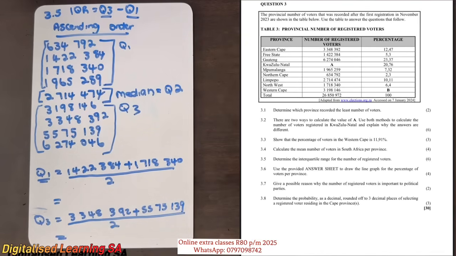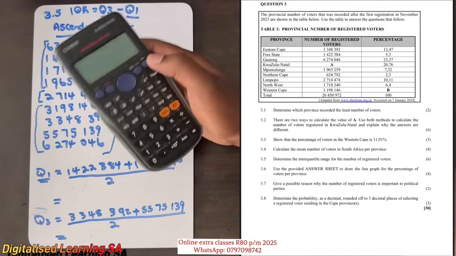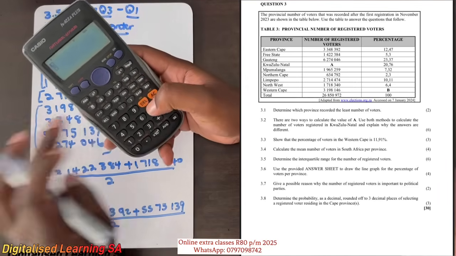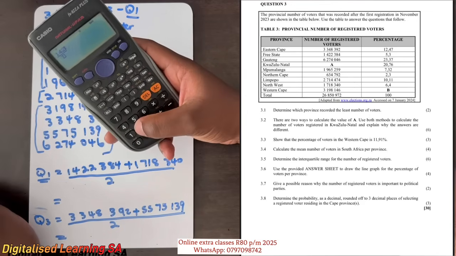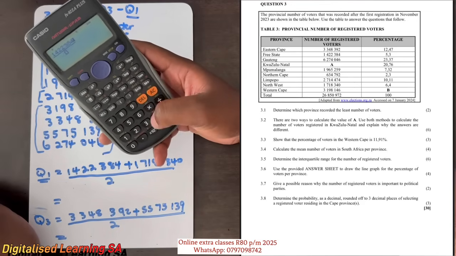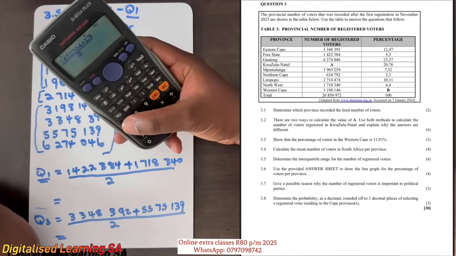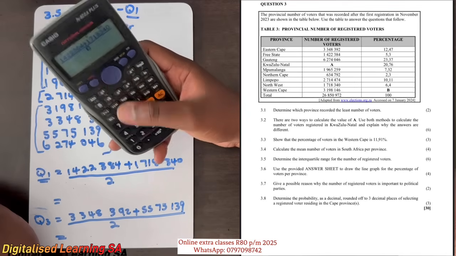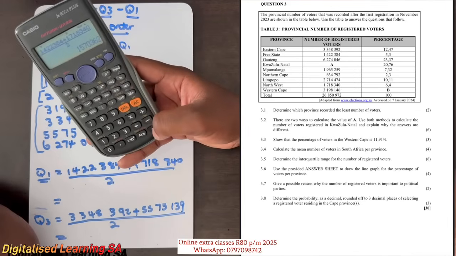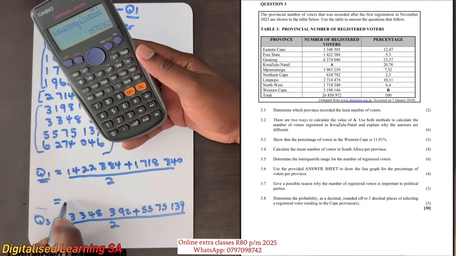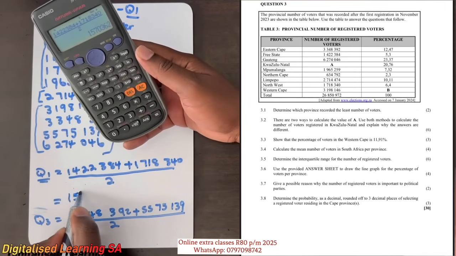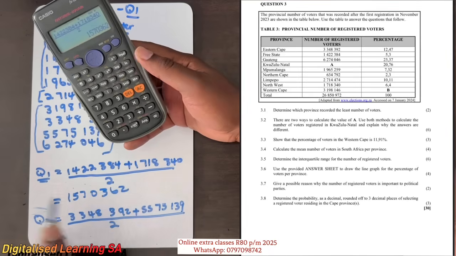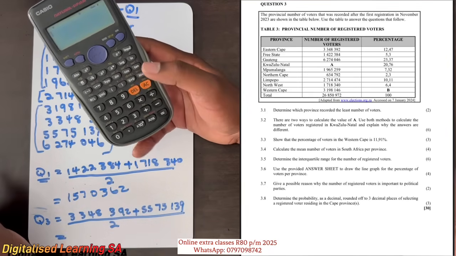So now let's go ahead and do the calculations. So we are going to say 1422384 plus 1718340 divided by 2, and our Q1 will be 1570362. So now let's go ahead and calculate our Q3.